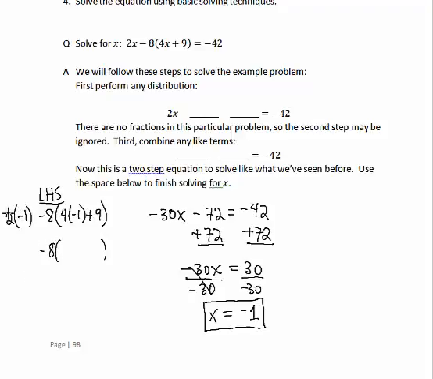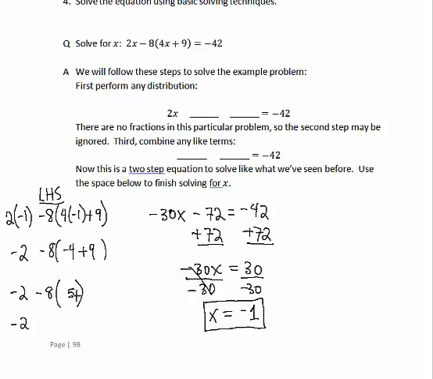This product is separated from this product by subtraction, so I can go ahead and multiply 2 times the negative 1 and get a negative 2. 4 times the negative 1 on the inside is a negative 4, and then we pick up the plus 9. Still working inside the parentheses, negative 4 plus 9 is 5.